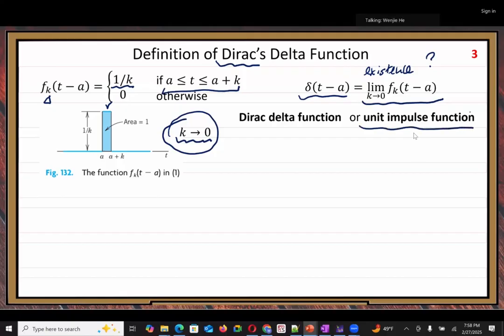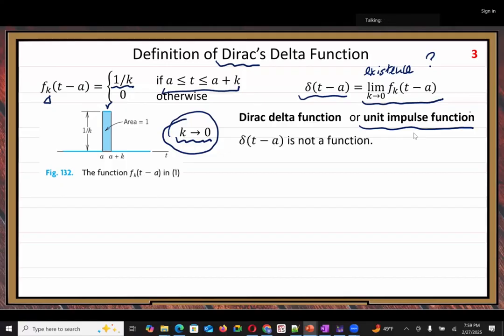In many engineering problems, people need to model the impulse phenomenon. A lot of things have that impulse property. What is the appropriate mathematical function you can use to model it? This Dirac delta function is the best way to model it.